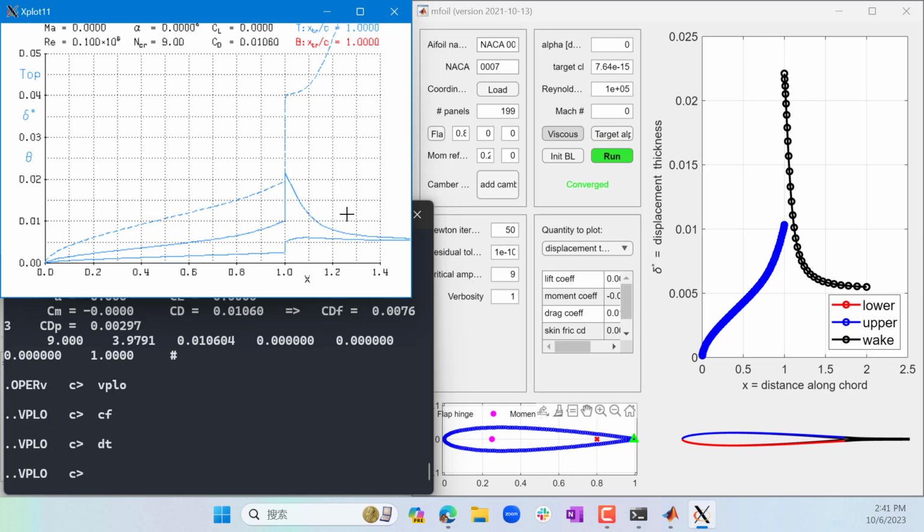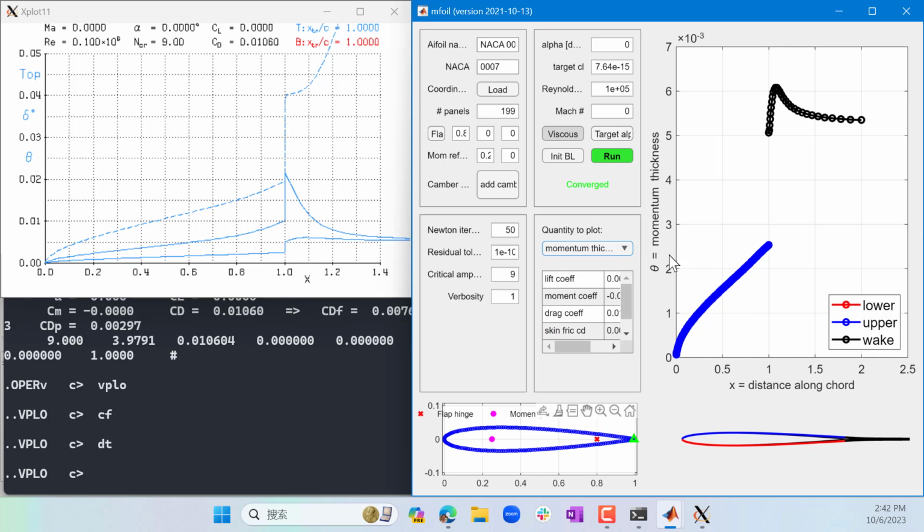When you're outside the boundary layer, we have u equal not to u infinity, but u equal to the velocity outside of the boundary layer. So we use that velocity as the denominator, so that u over ue would be equal to 1, so 1 minus u over ue would be equal to 0. So we always guarantee that in the integral, we have 0 contribution from the flow outside of the boundary layer. Okay, so that means the middle one is the displacement thickness, the lowest one is the momentum thickness, which is also plotted over here.